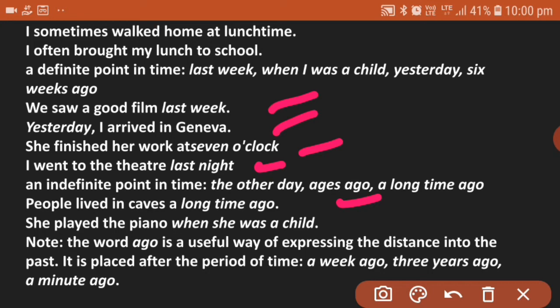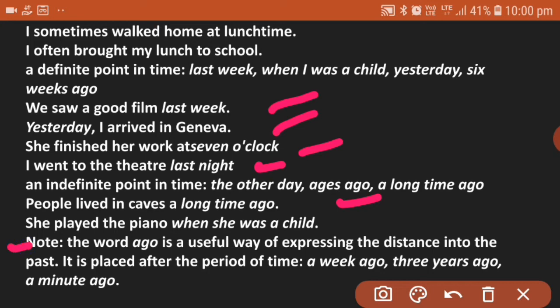Students, one more thing I want to tell you: if you want to use this tense, keep in your mind that an action happened in the past, not at this time.